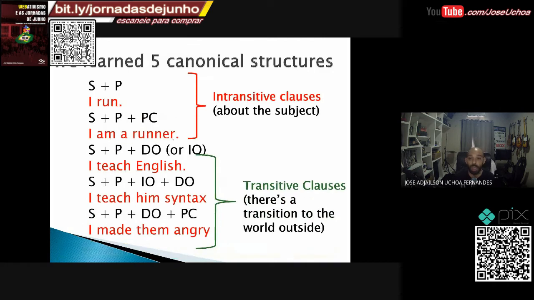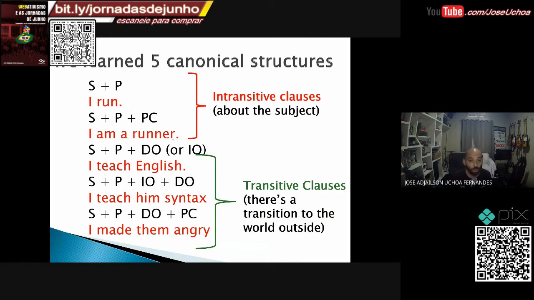So we have basically five patterns for sentences, of canonical structures. We are still talking about canonical clauses, and I'm trying to show here how verbs will transit, and what kind of structure these properties of verbs and the way they are related to objects or to predicative complements will imply.